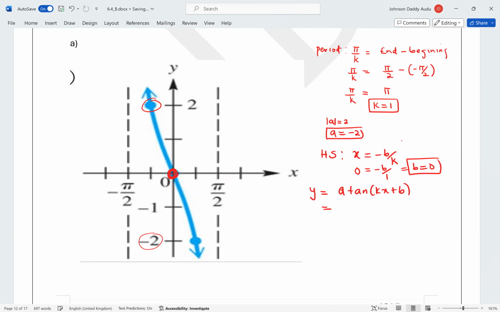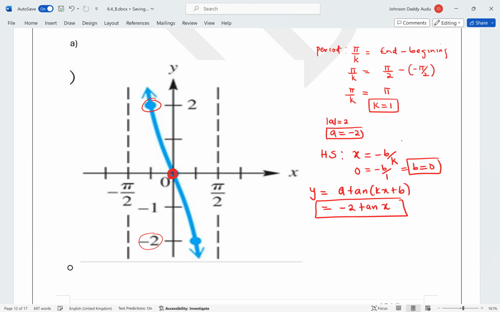A is going to be minus, so this is minus 2 tan. K is what? K is 1. So it's just going to be minus 2 tan x. This is just minus 2 tan x.